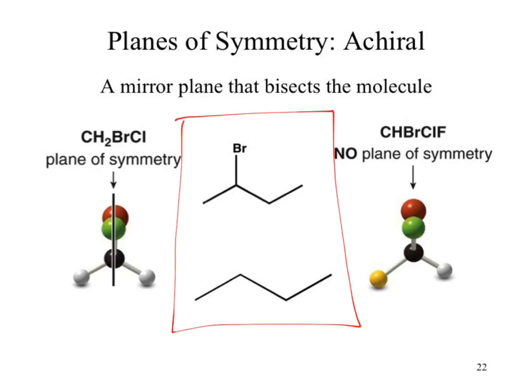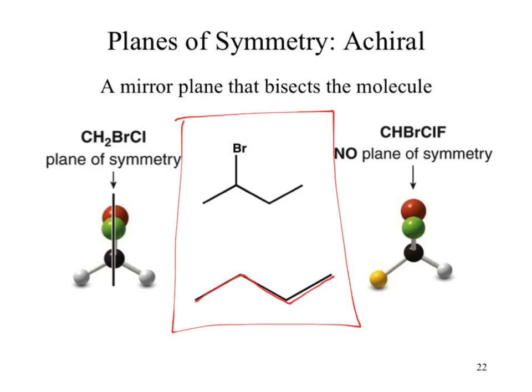Stick with the bottom one. Where's the bottom one's internal plane of symmetry? It's the plane of the paper. Okay, splitting all of your carbon atoms directly in half. That is your plane of symmetry. Not easy to pick up and see, but it is there.